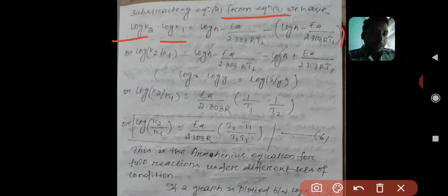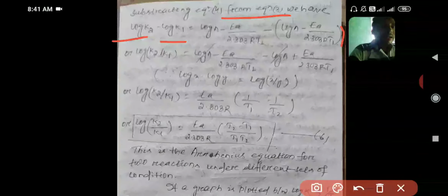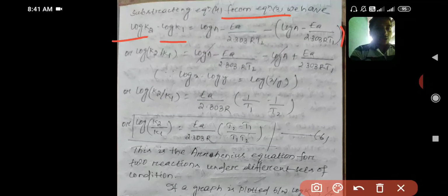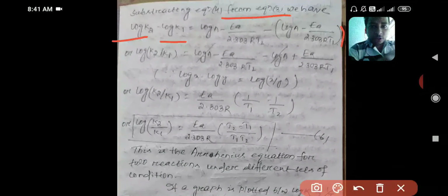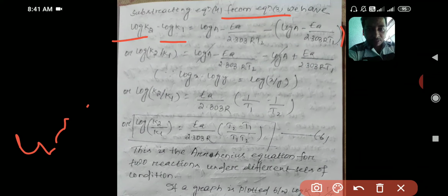You have to keep it within the bracket. And the left side is of the form log x minus log y. The formula for log x minus log y is log x by y. You have to remember it. Log x minus log y is equal to log x by y.